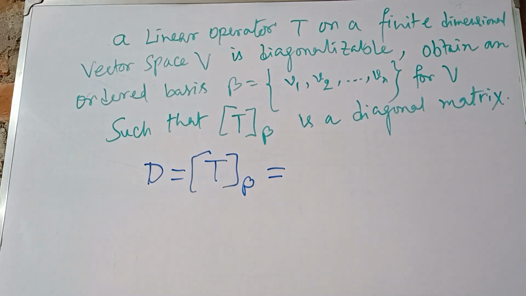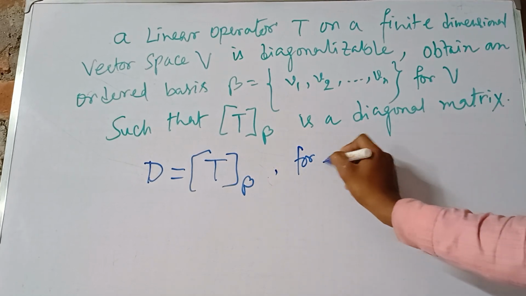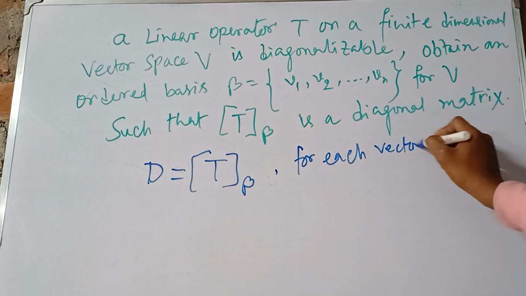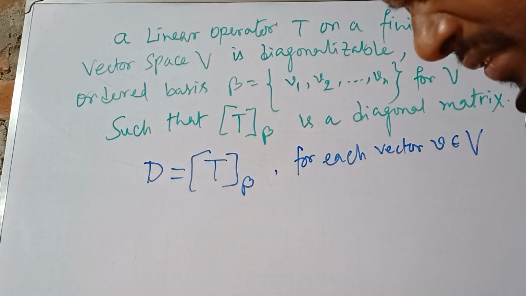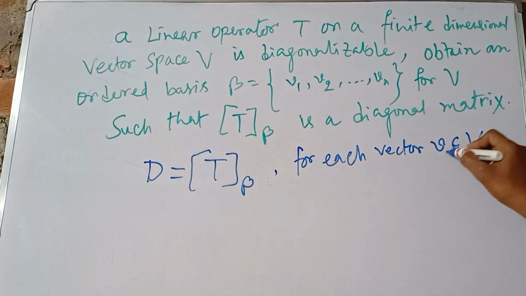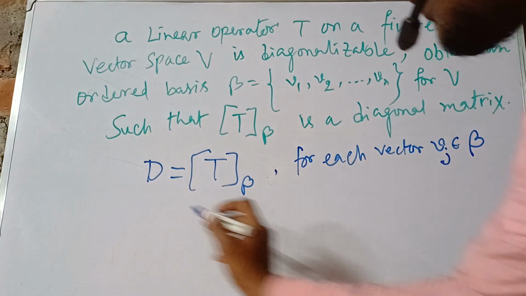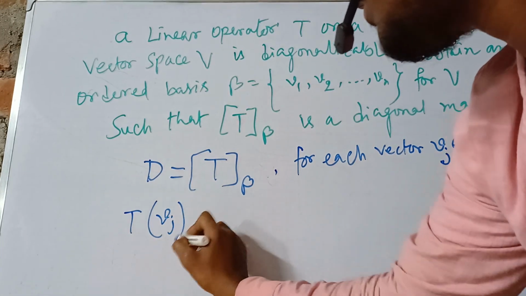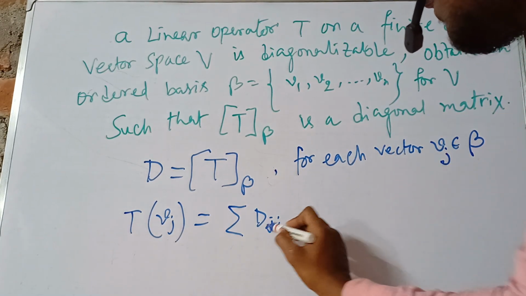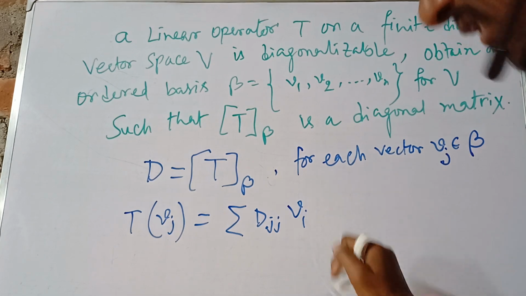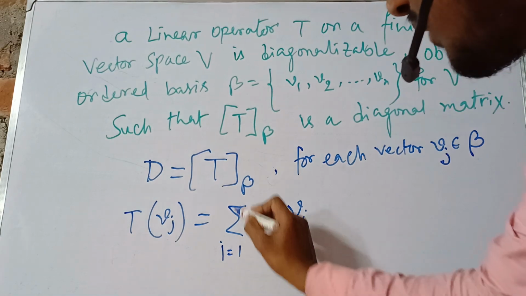For each vector vj belonging to this beta, T vj equals the summation of dij vi, i equal to 1 to n.